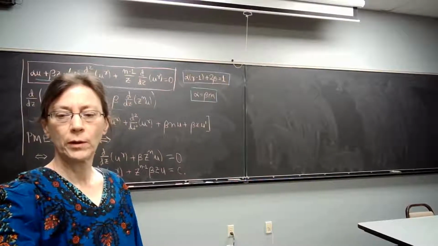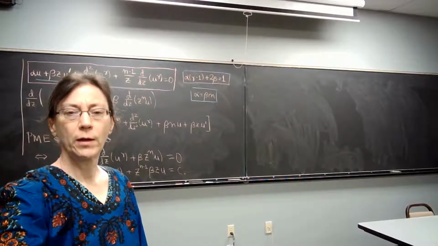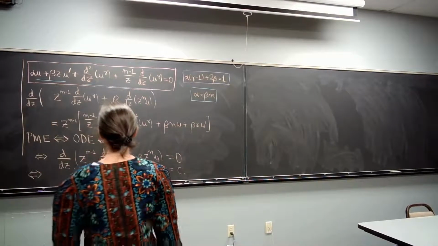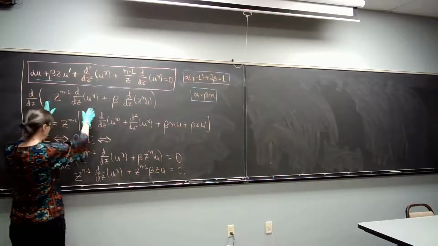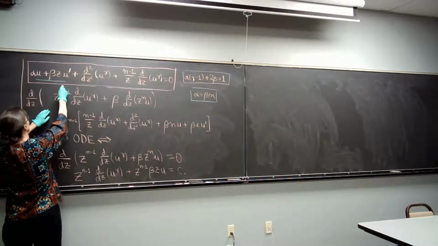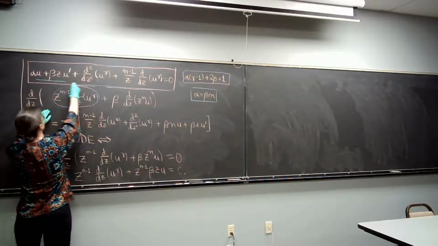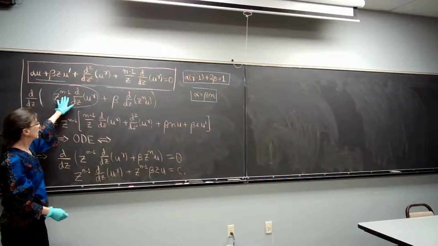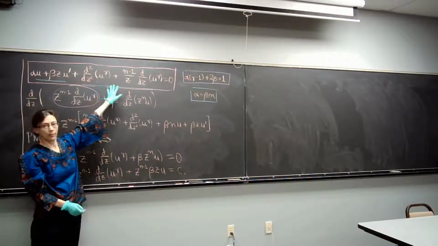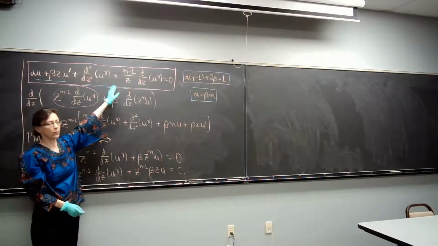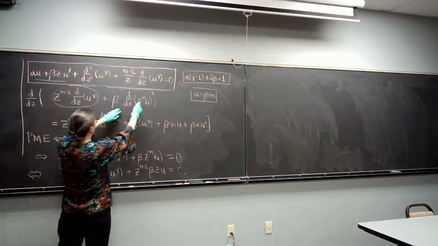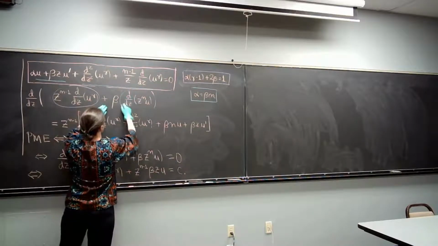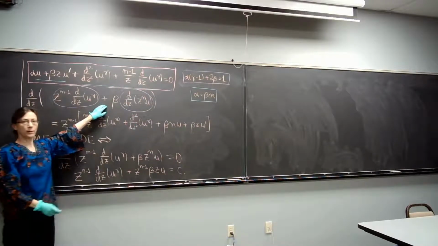So we calculated what happens when you apply the first derivative to this expression, and then we chose our power to match up to the ODE that we're trying to solve. And we calculated what happens when you apply a derivative to this expression.